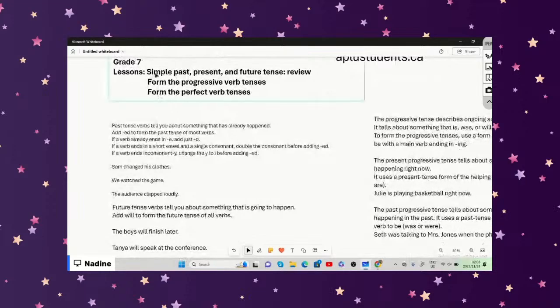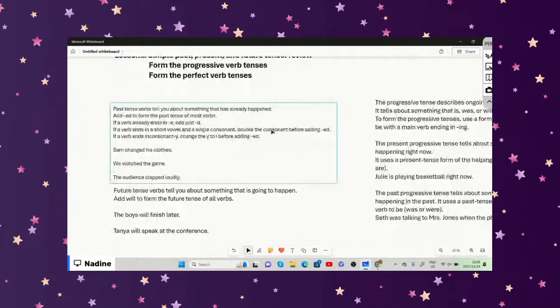All right, so when it comes to the simple past, present, and future tense, past tense verbs tell you about something that has already happened.